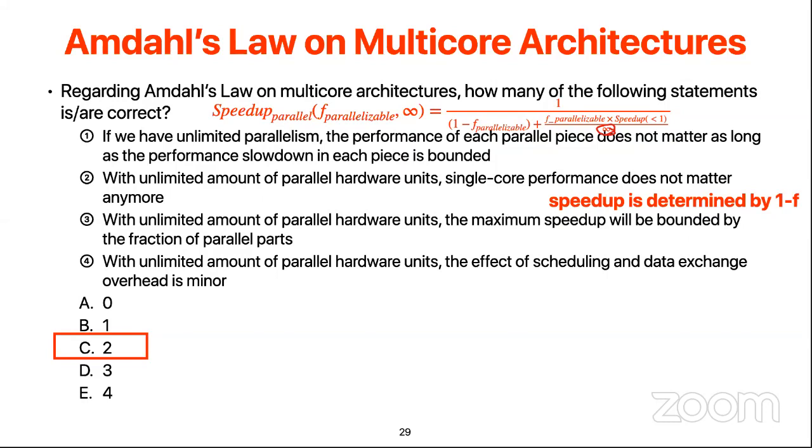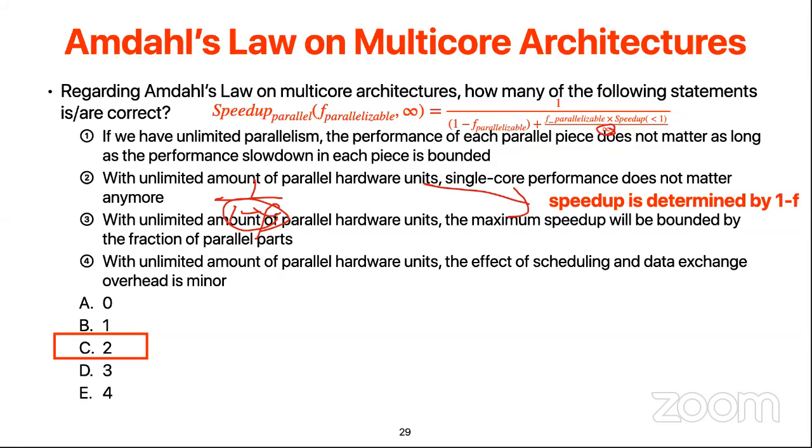So it means that eventually your speedup is going to be 1 over 1 minus f if you have unlimited parallelism. Then the single core performance does matter because this 1 minus f is the only part that we cannot optimize by parallel processing, and only single core performance can help it, right?